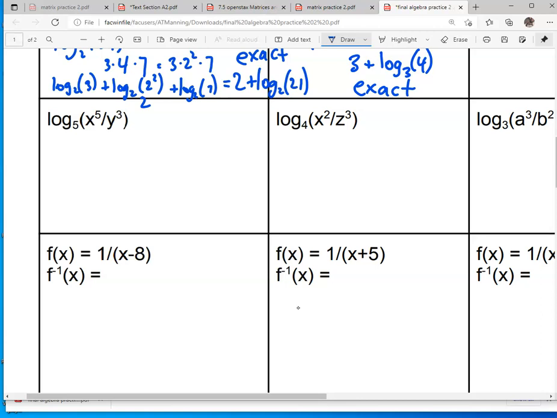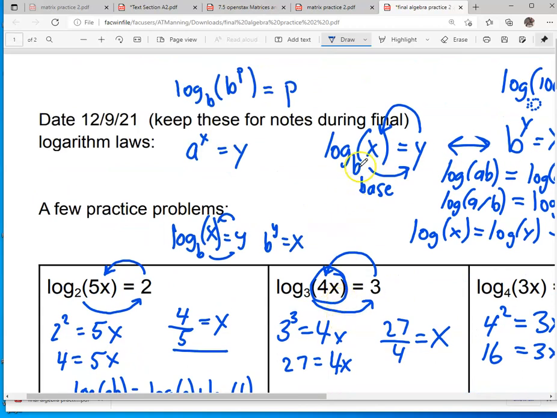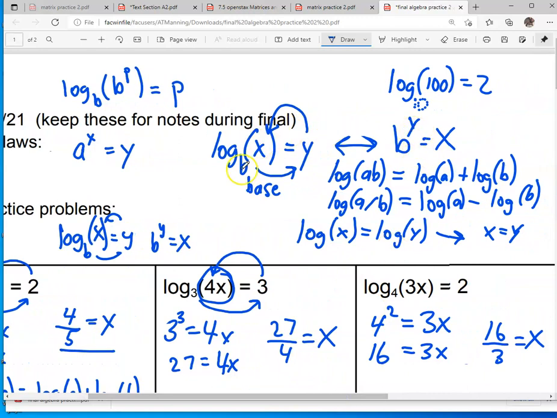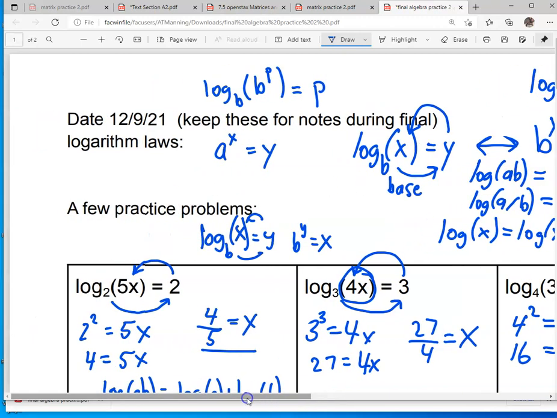So what rule do I apply here? Well, remember one rule. Log base b of b to some power is that power.